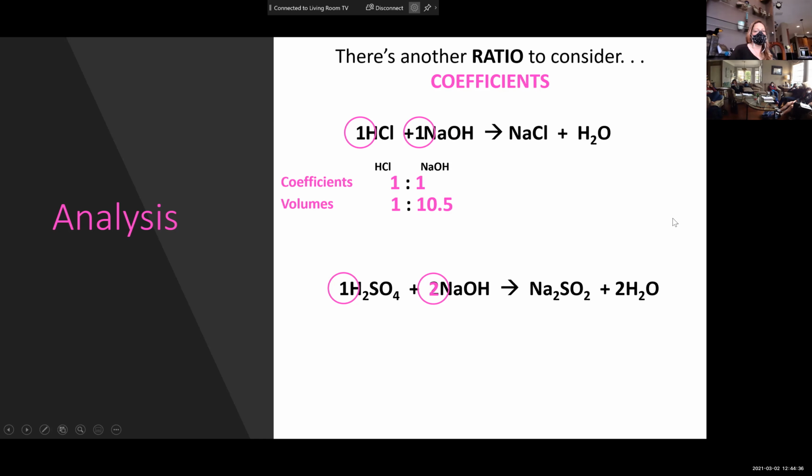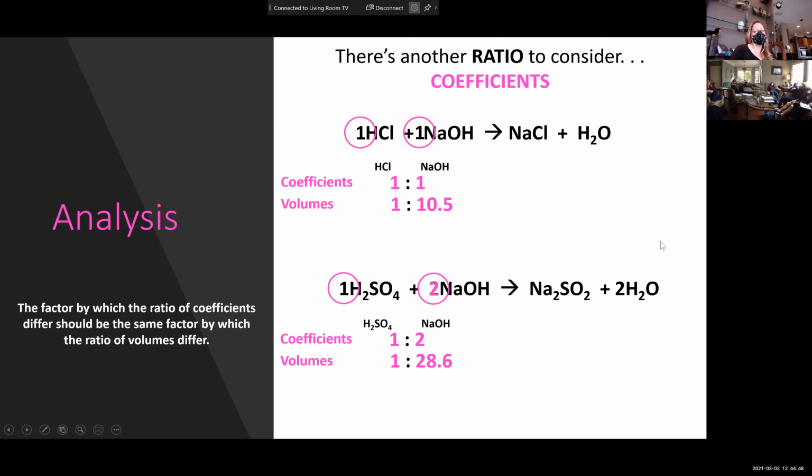All right. Then here you had coefficients that were 1 to 2, and the volumes were 1 to 28.6. So the factor by which these ratios differ can be used to compare your data, which is what analysis 4 was asking, the one that everybody was like, huh?